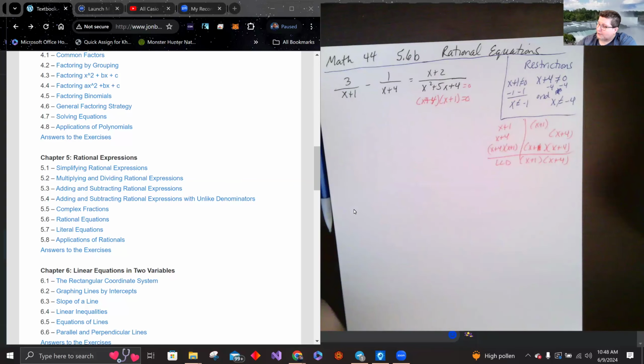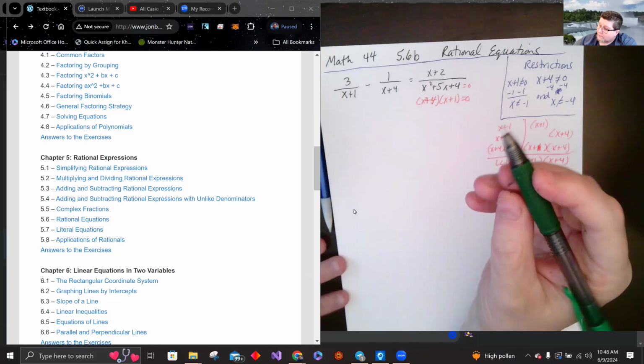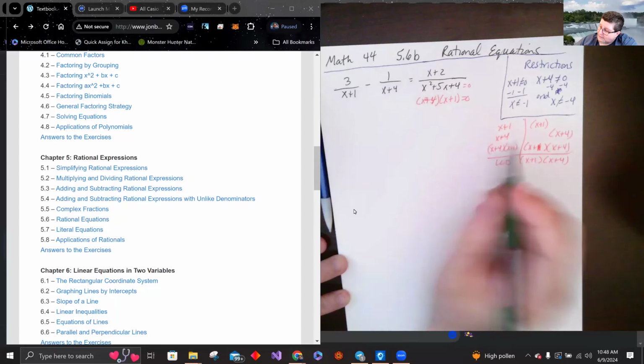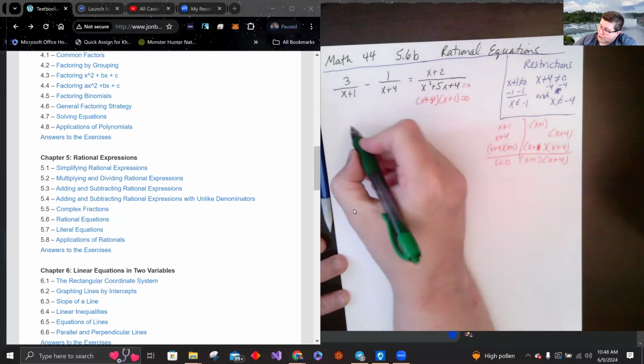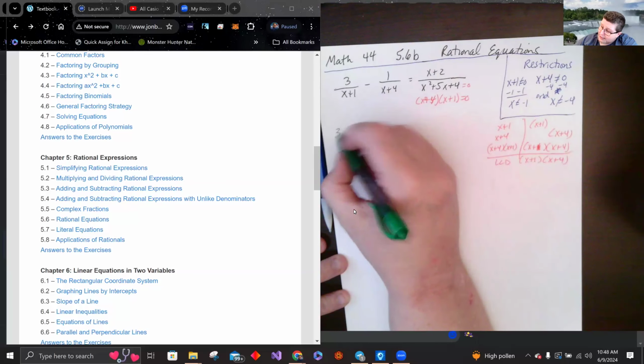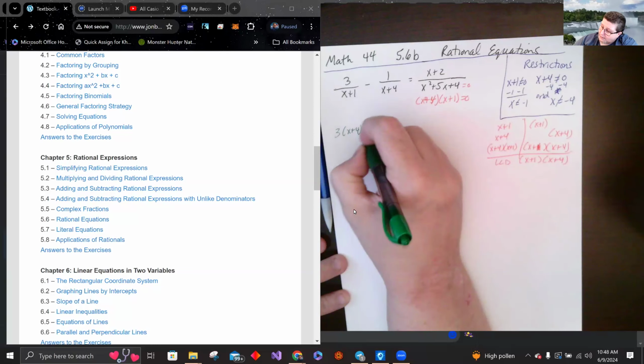That's what we're going to multiply through by. So I'll show you the long way of doing this, which is to actually multiply through by it.